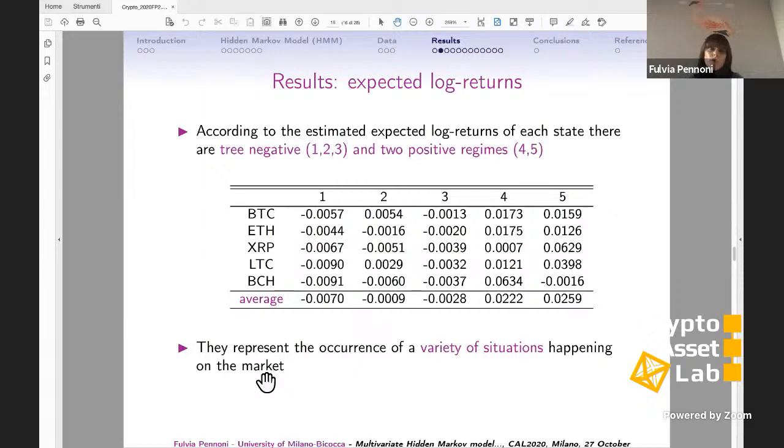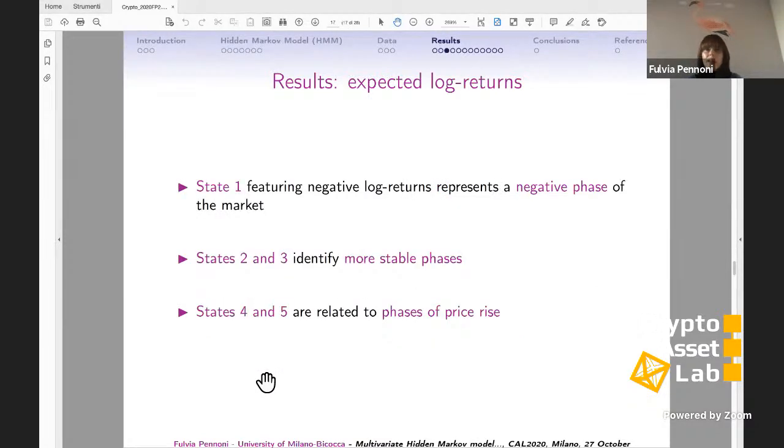Surely these kinds of regimes represent the occurrence of a variety of situations which are happening in the market, and mainly we can say that state 1 represents a negative phase of the market, but looking better at state 2 and state 3, we can identify them as more stable phases. States 4 and 5 are related to phases of price rise, mainly.